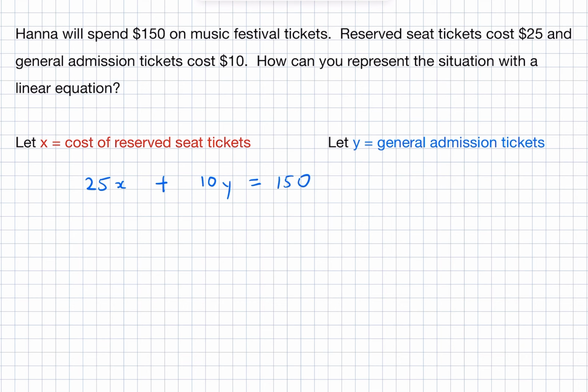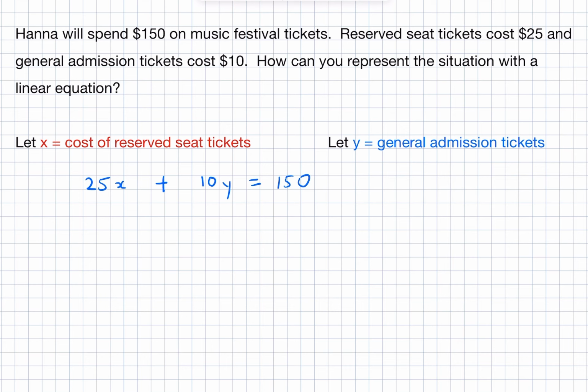Okay, so here what we have is an equation that represents the number of reserved seat tickets and their costs, plus the number of general admission tickets and their costs, equaling the total amount that Hannah is planning to spend.